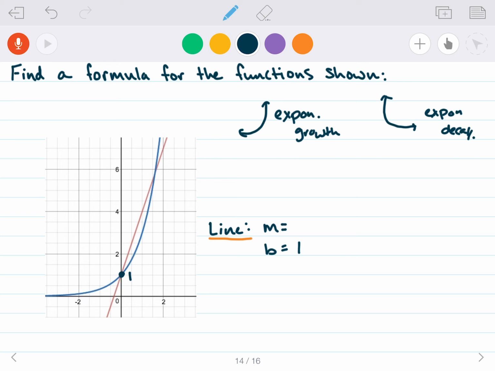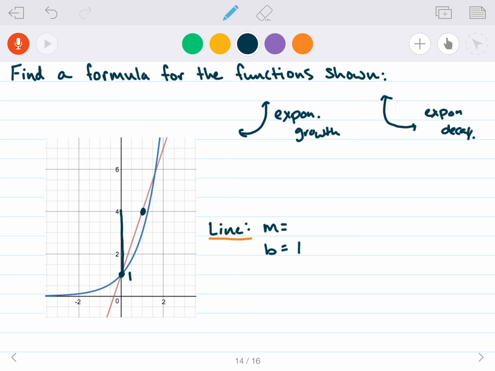We can do it a few different ways. I mean, we can do rise over run, or we can find another point and subtract the ordered pairs and divide and all that stuff. But I'm going to just do rise over run. So if I start at 1 and I rise up to get to this next point, the black point, I'm going to rise up, let's see. So I go 1 and then 2, 3.